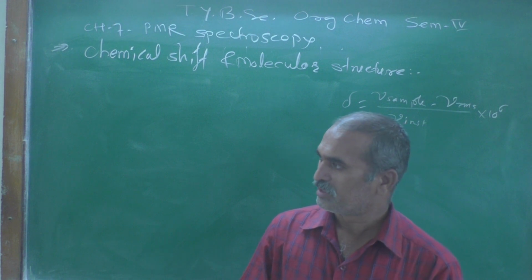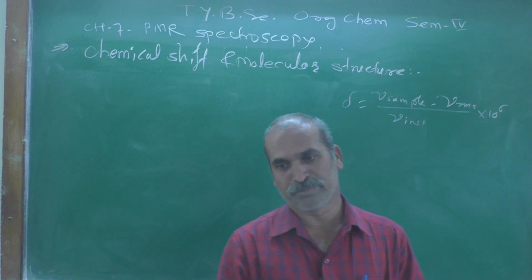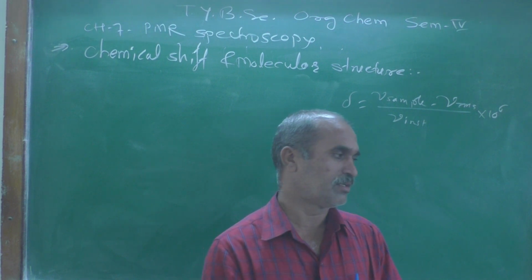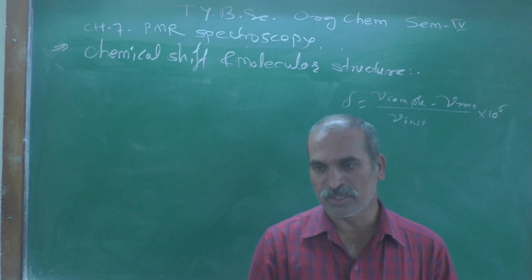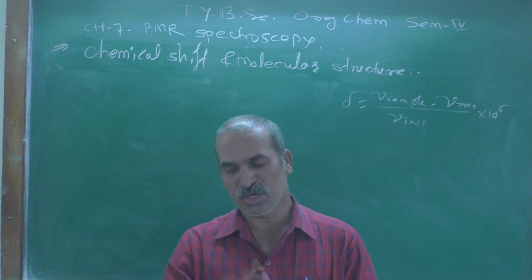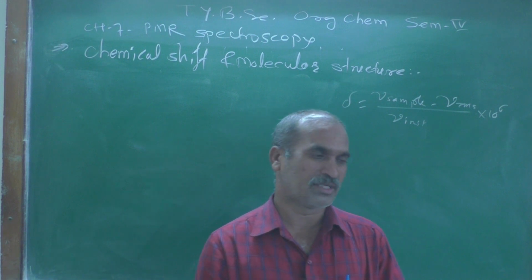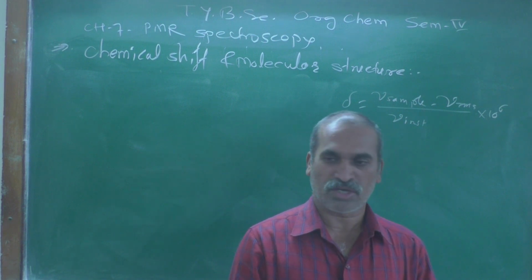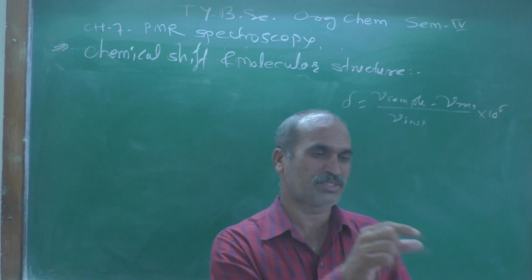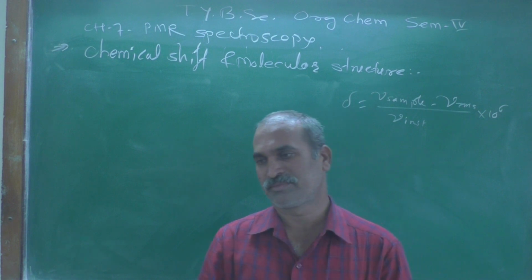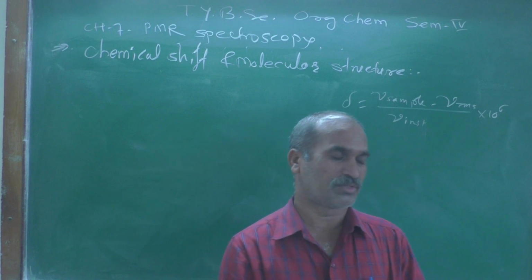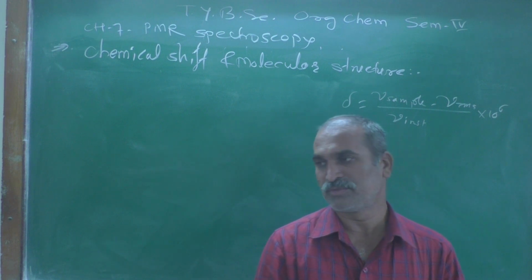So remember, if you take the spectra of an unknown compound, this is how chemists determine the structure of the organic compound, because they know the chemical shift values. If aromatic compounds are there, the proton value comes around 6.5 to 8.5.